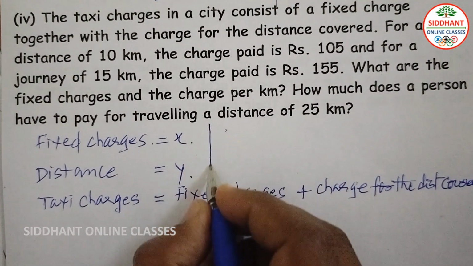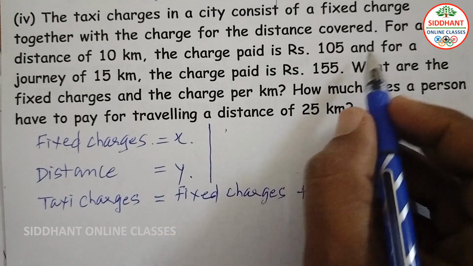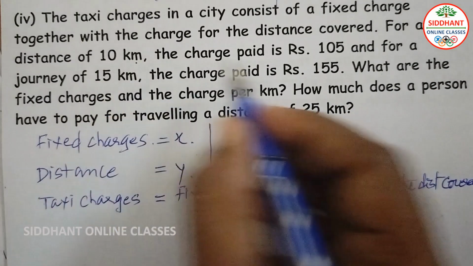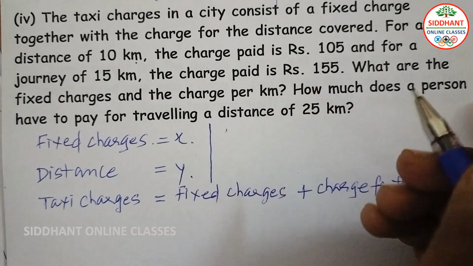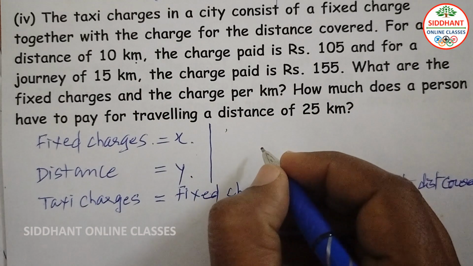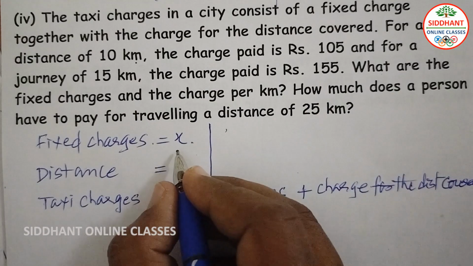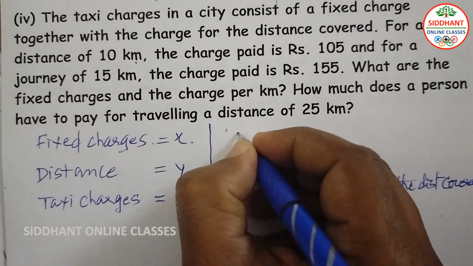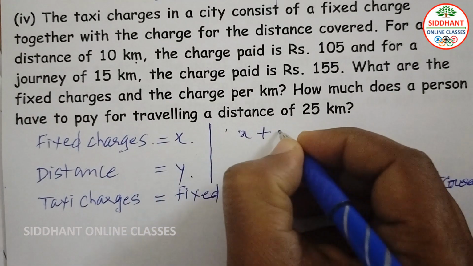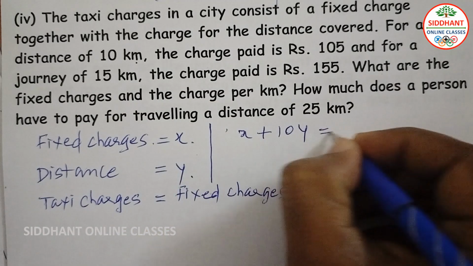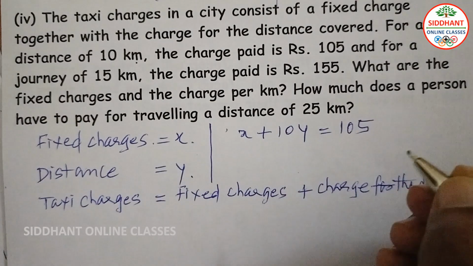So now the first equation: for a distance of 10 kilometers, the charge paid is 105. So distance is 10 kilometers. That means 10y, and already we have fixed charge x. Then x plus 10y equals 105.